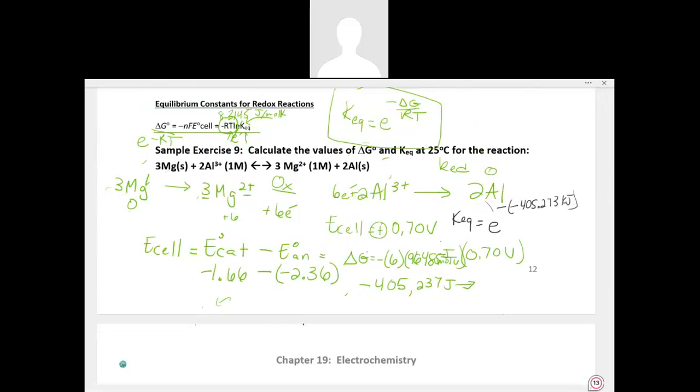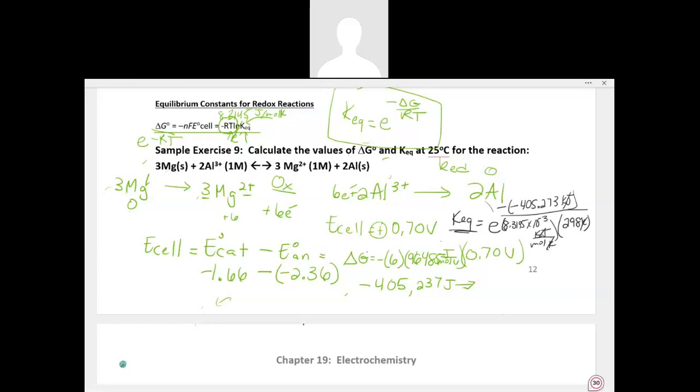And then on the bottom, my R constant, 8.3145 times 10 to the negative third kilojoules per mole Kelvin, will cancel out my Kelvin when I turn my 25 degrees C into 298 K. So Kelvin will cancel, my kilojoules will cancel, and I'm going to end up with my unitless value for K eq.